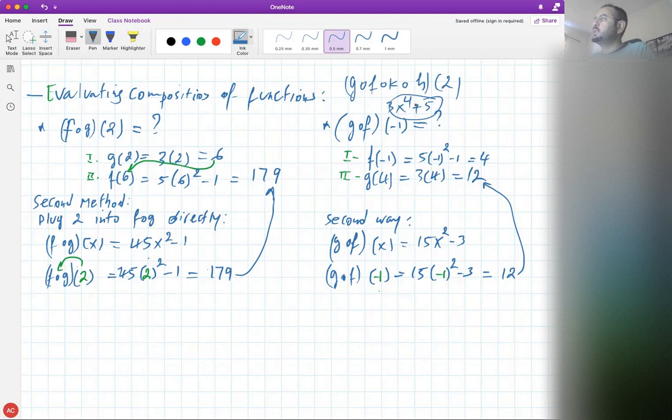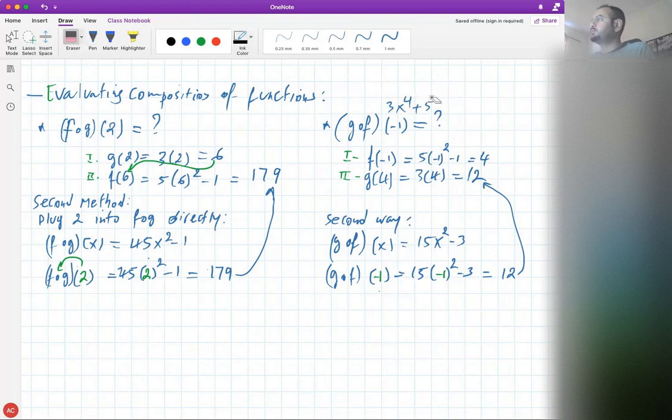Plug this once to save time. That's the purpose of the composition. So you don't have to plug many times like we did here. So here, for example, it would be easier to plug 2 directly into the composition itself if we have it, or if we find it, instead of having to plug into each function 4 times.